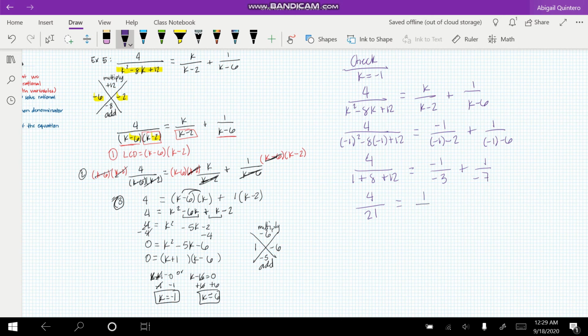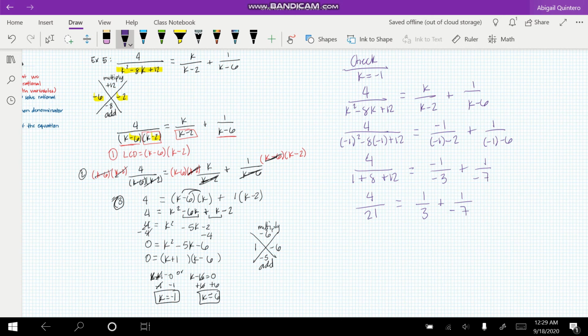So 1 over 3 plus 1 over negative 7. So here, we don't have any undefined solution. So k equals negative 1 is actually going to work.